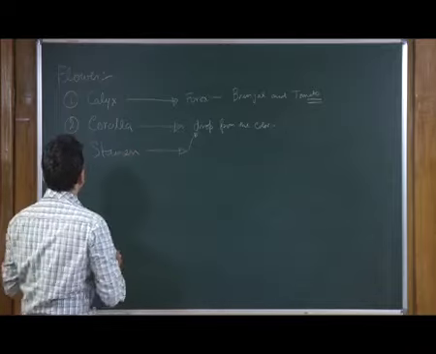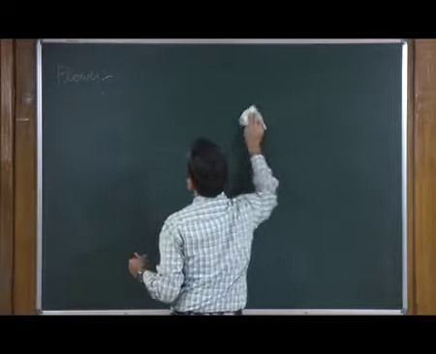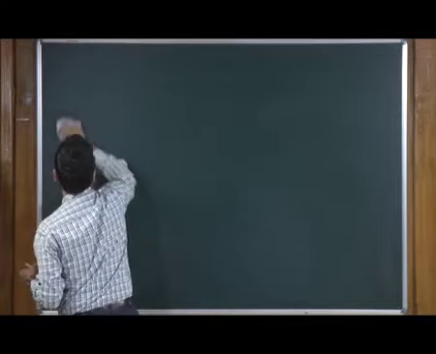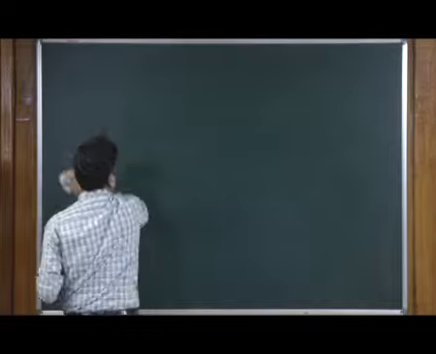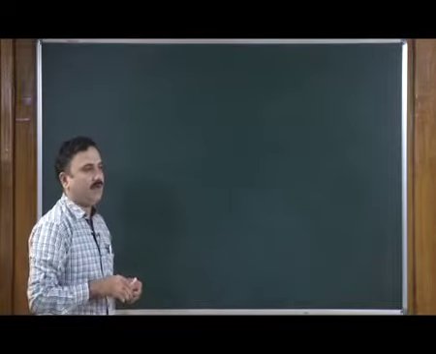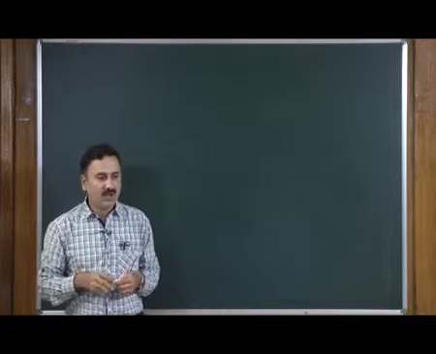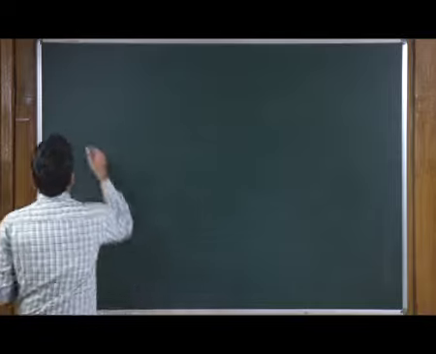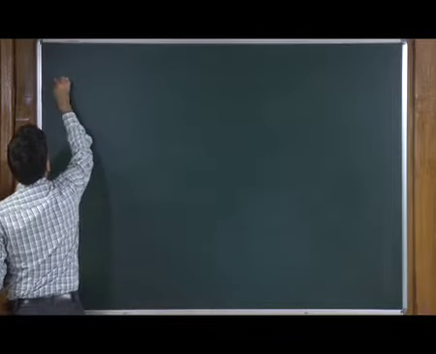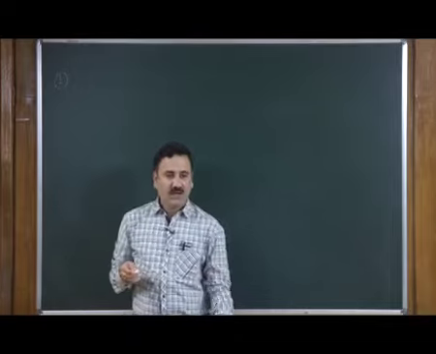Now the major events that happen after fertilization. It is double fertilization: one of the male gametes fuses with the polar nuclei, and the other male gamete fuses with the egg to form the zygote. So, you have two individuals.